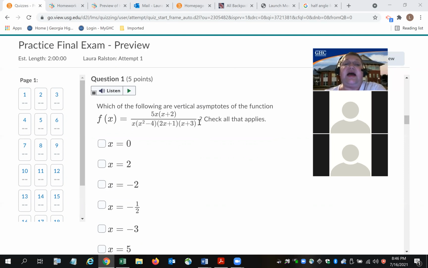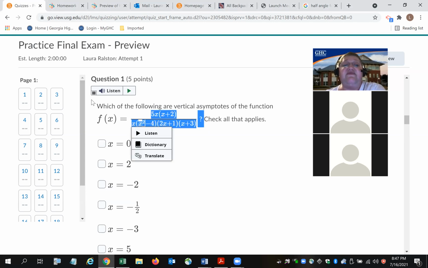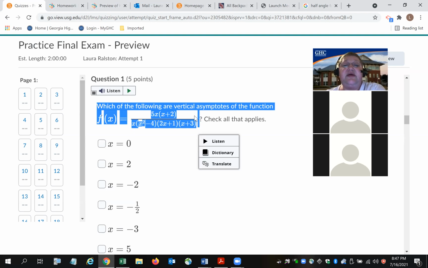If y'all don't mind, I really would like to go through this first question because I know that the majority of students missed this type of question on the midterm. So I would like to help prevent you from making that same mistake on the final. I'm going to copy this one over so we can look at it.